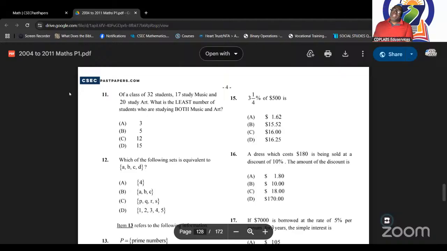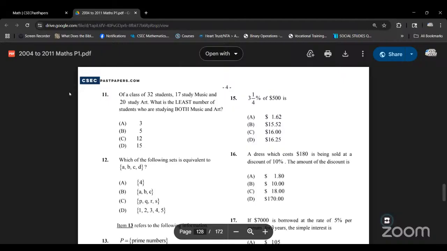What would be the easiest percentage to find of 500 first? What would be the easiest percentage to find of anything first?